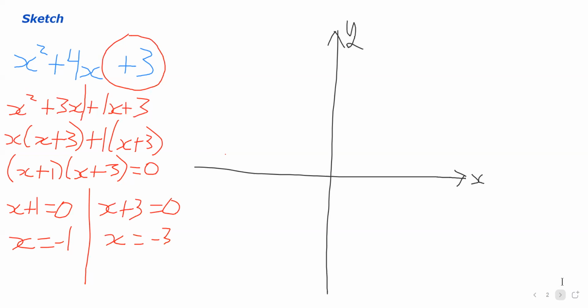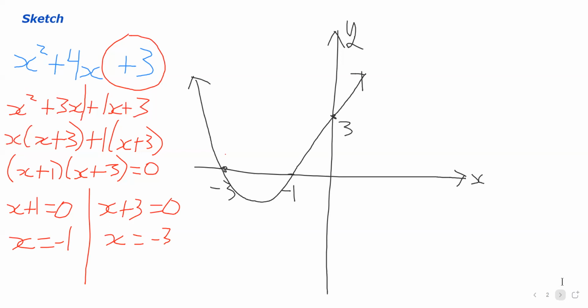We know our roots are the x-intercepts, so our roots are -1 and -3, and the y-intercept is 3. All we need to do now is connect those. And that's it. Nice and simple. Roots and y-intercept, then sketch. That's all you really need in order to sketch it, after you connect the dots.